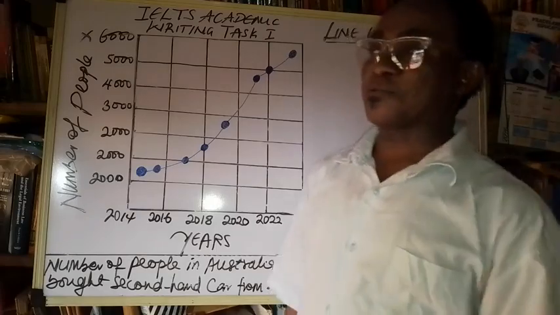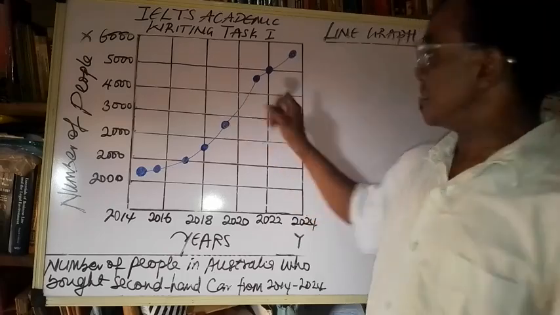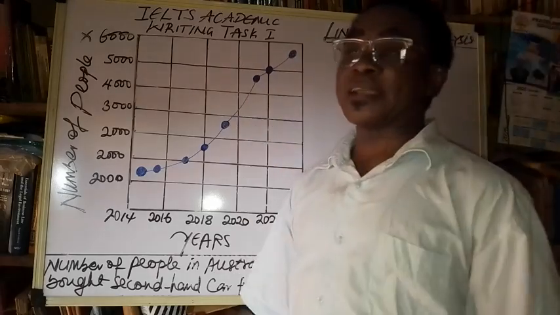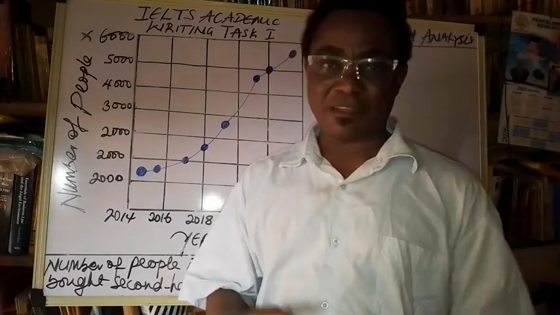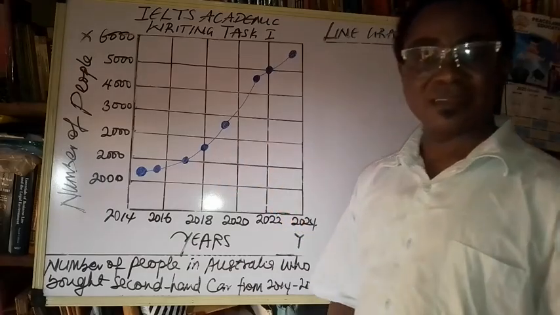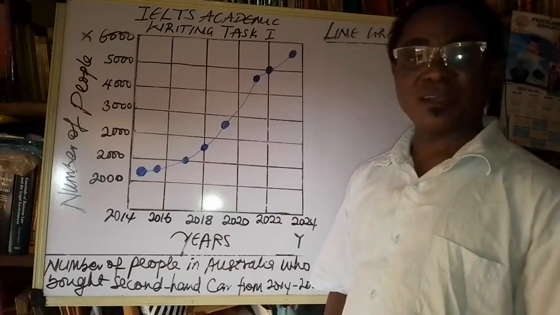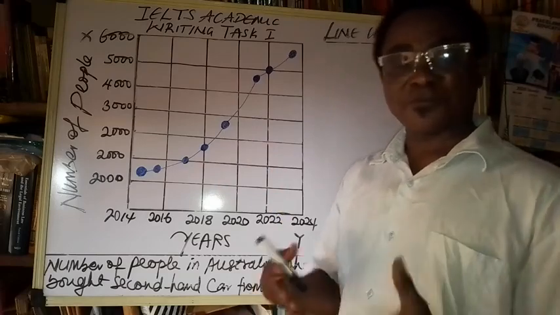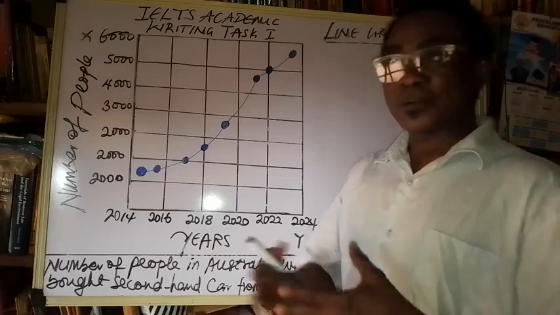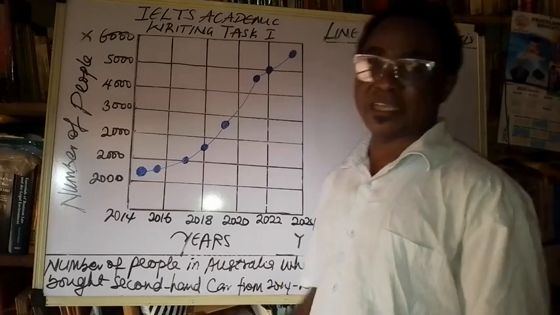In a line graph, one or more lines like this, we can also call the line a curve. A line or a curve of this nature is used to measure the rise and fall, or the rise or fall of the values being measured.